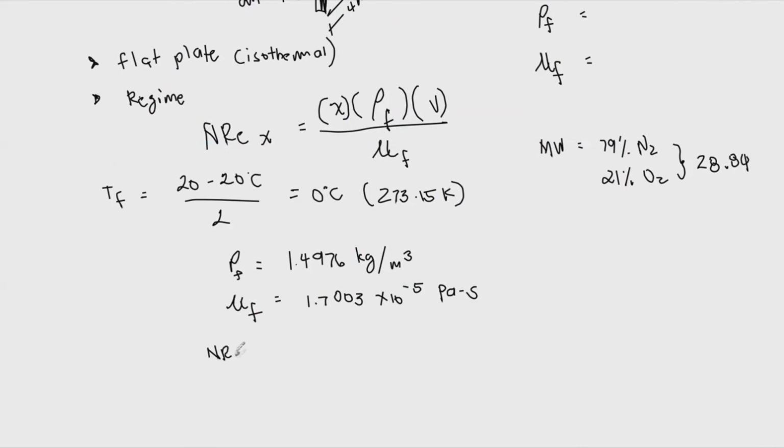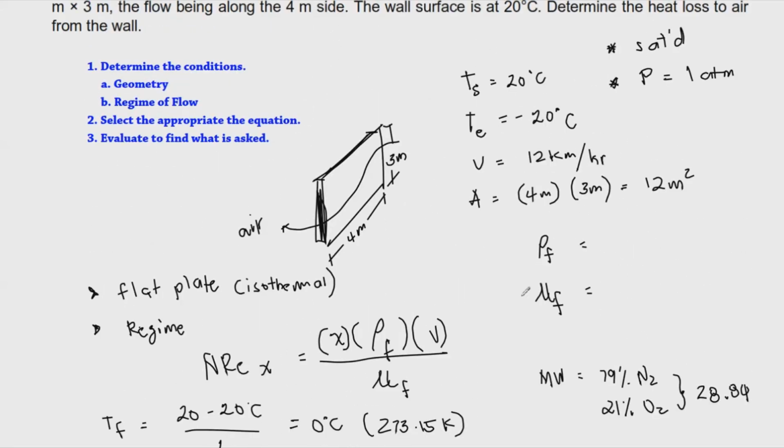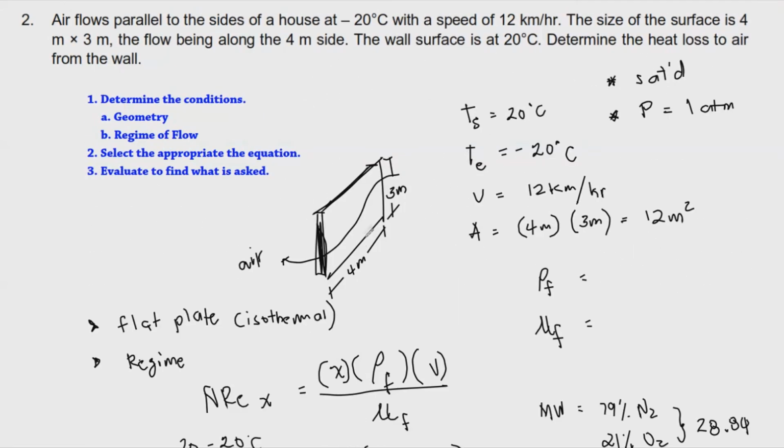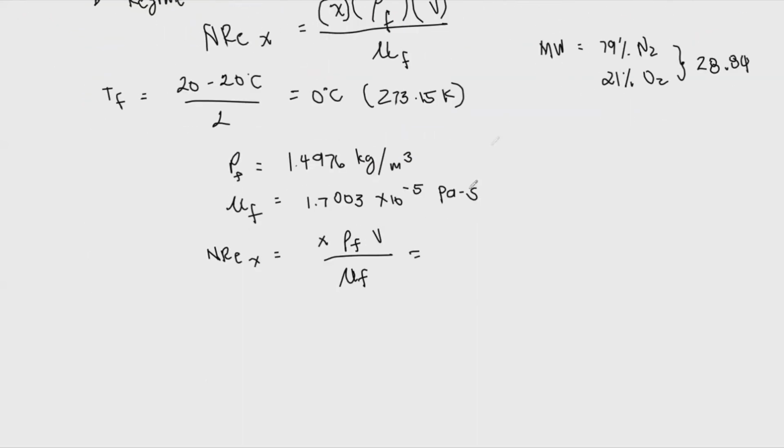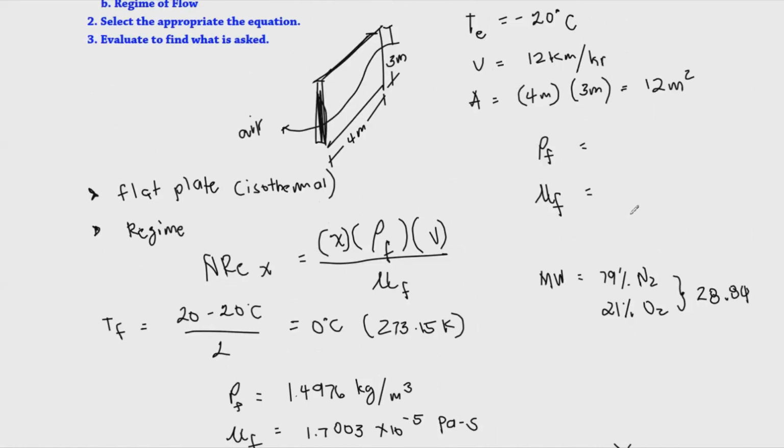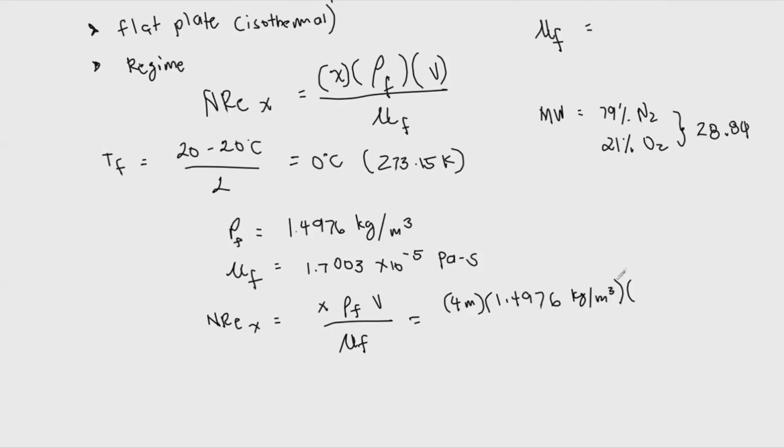Now I can find the Reynolds number along the element of concern, which is our x, and we get x times density times velocity divided by the viscosity. So x here could be 3 or 4, but since the air flows parallel to the side, which is 4 meters, we'll be considering 4 meters instead of 3. So we have here 4 meters, and then the density would be 1.4976 kilograms per cubic meter. And then we also have the velocity, which is in kilometers per hour, that is 12.